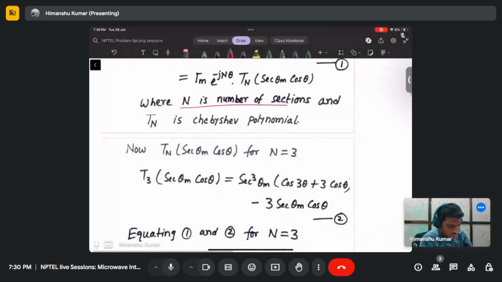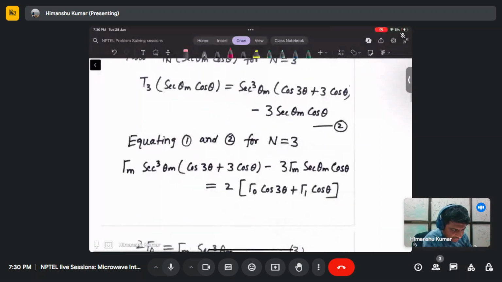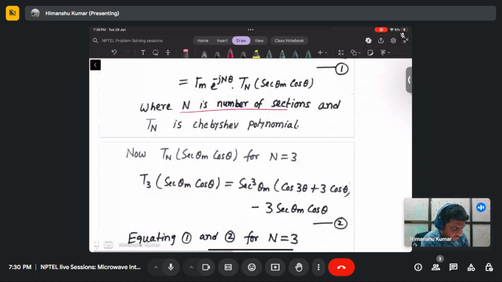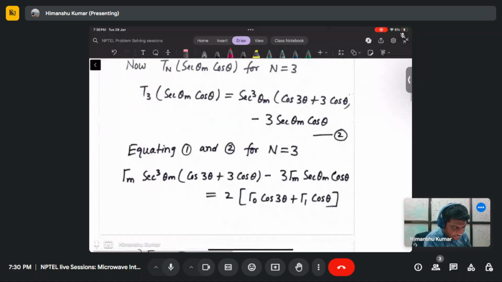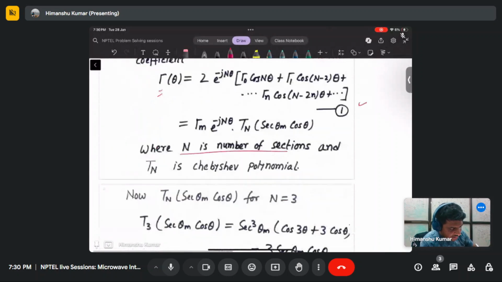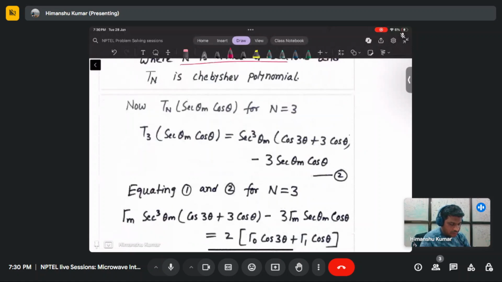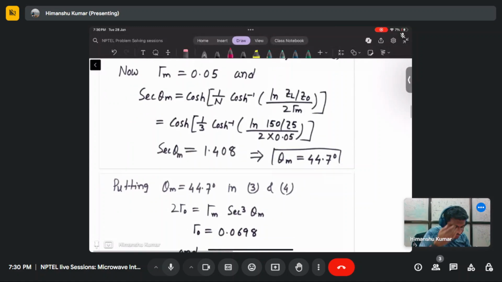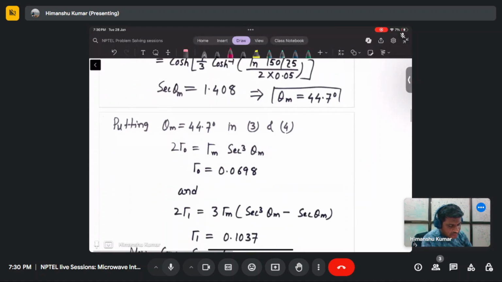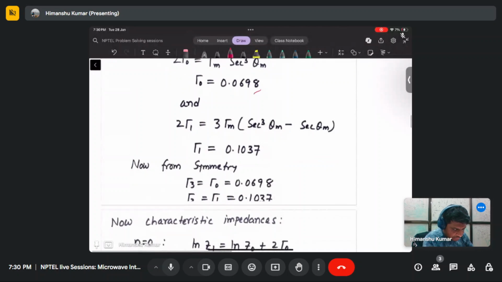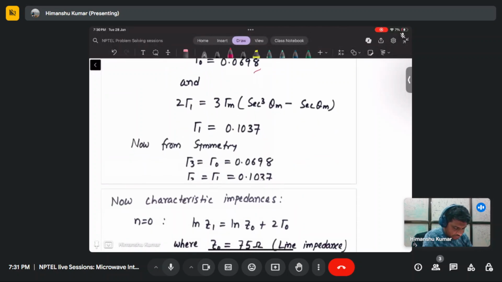If we match the coefficients and put in the equations, we need to calculate the theta values. Once we find the theta values, we can calculate all the gamma naught, gamma 1, gamma 2 and gamma 3 values.